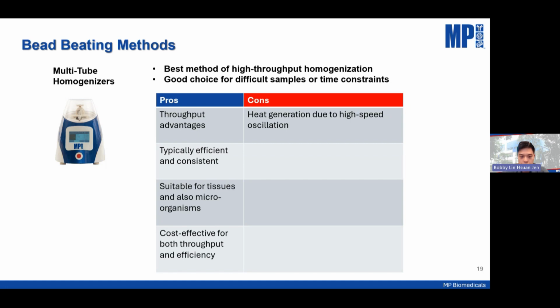So if we take into account different sample types and time and labor time as well, the cost effectiveness is relatively higher than all the other methods. The only thing we would consider for the downside is the heat generation due to the high speed oscillations. But this can be addressed through the cryogenic adapters that we offer, and also utilizing more cooling time.